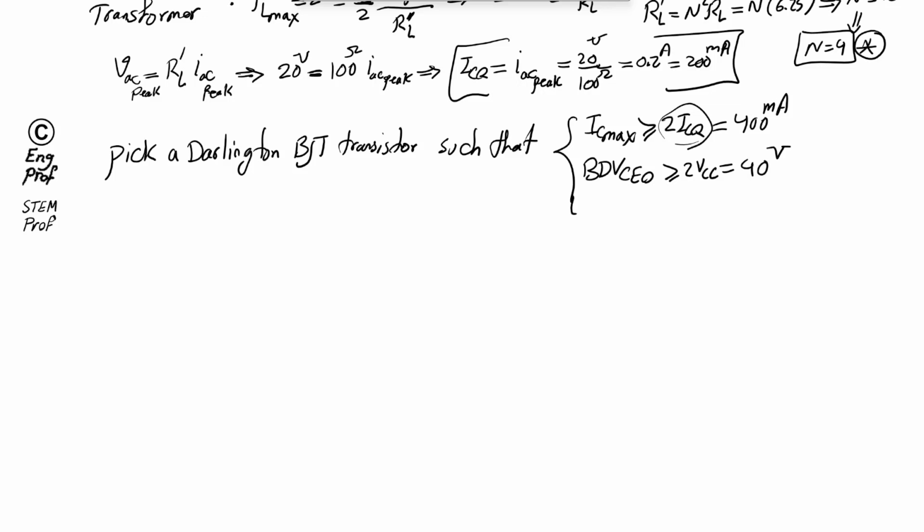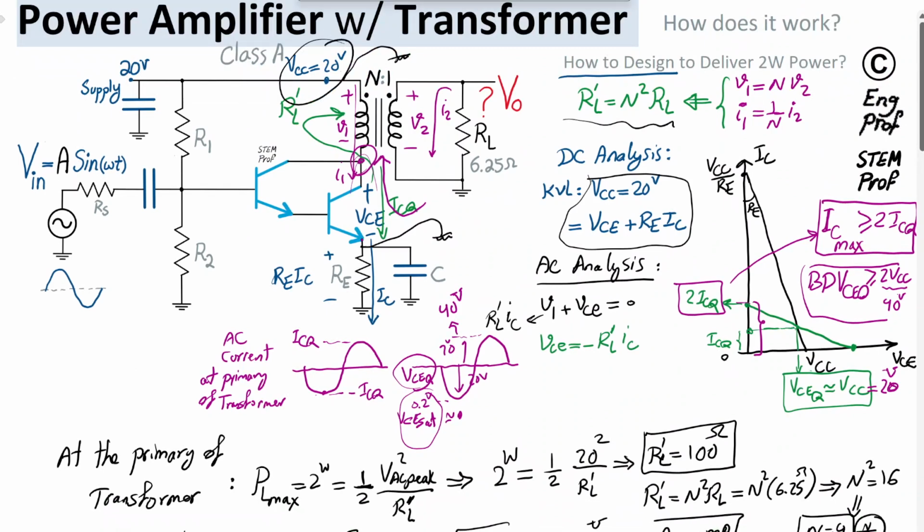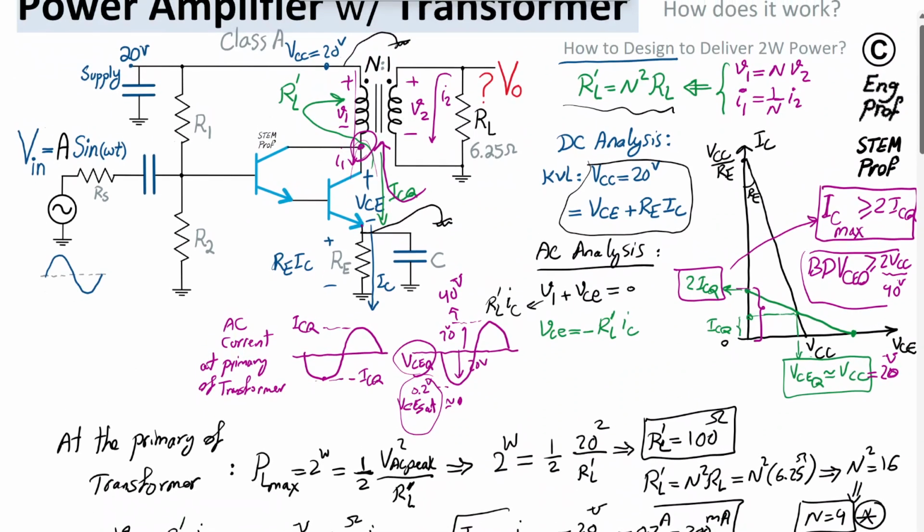And the power delivery also is important. So you can see that from the 20 volt supply, we have a DC bias current, say ICQ, at this node, of 0.2.